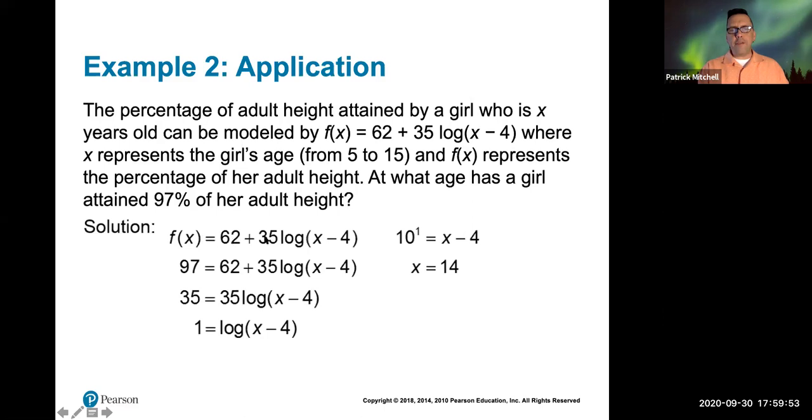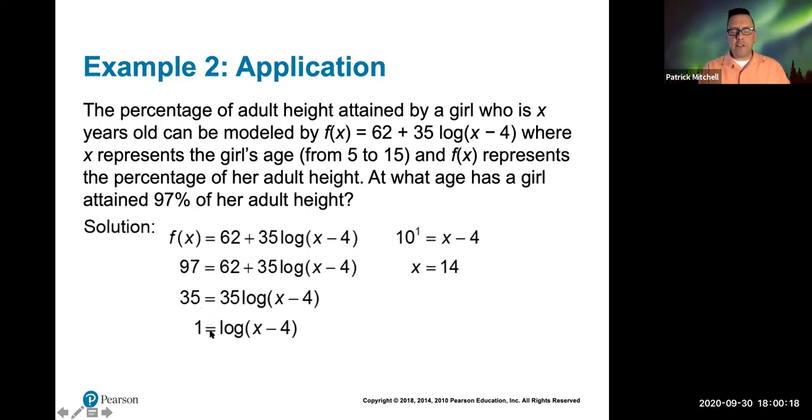So we're going to take our formula and we're going to substitute 97 for f of x. That gives us 97 equals 62 plus 35 log of x minus 4. We subtract 62 on both sides. That gives us 35 equals 35 log of x minus 4. We divide both sides by 35.